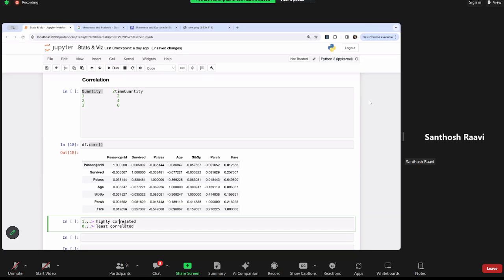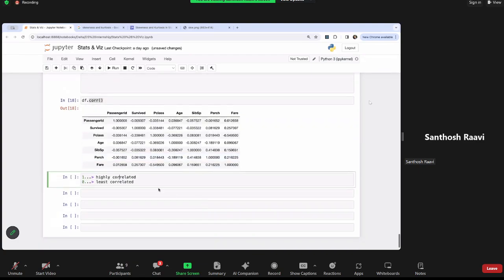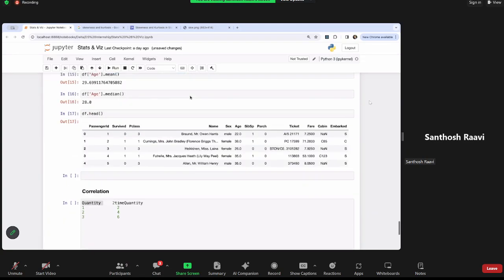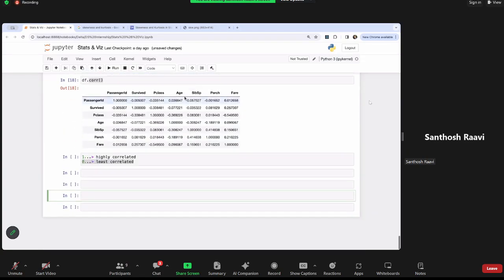That's the thing you need to remember. So drop the columns which are highly correlated and keep the columns which are least correlated. That's about the correlation matrix. This is a correlation matrix. Before processing this data, you need to check the correlation.